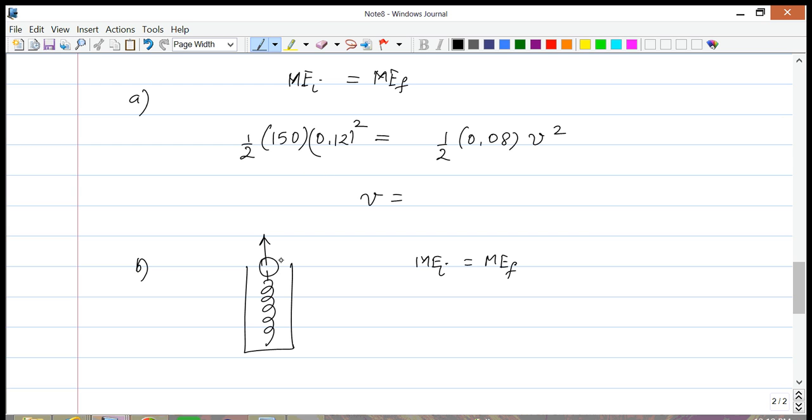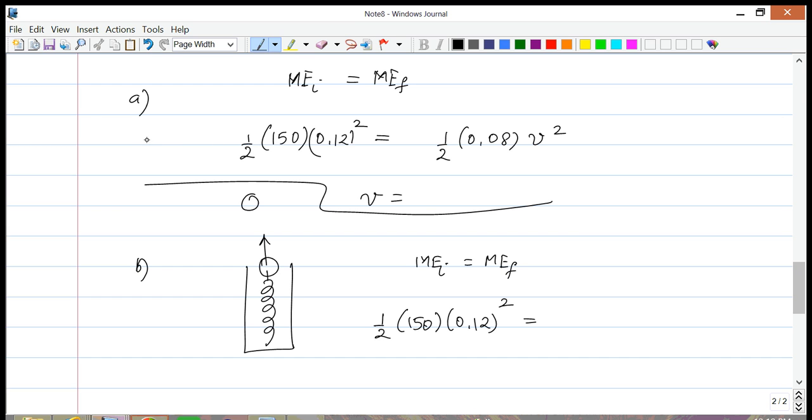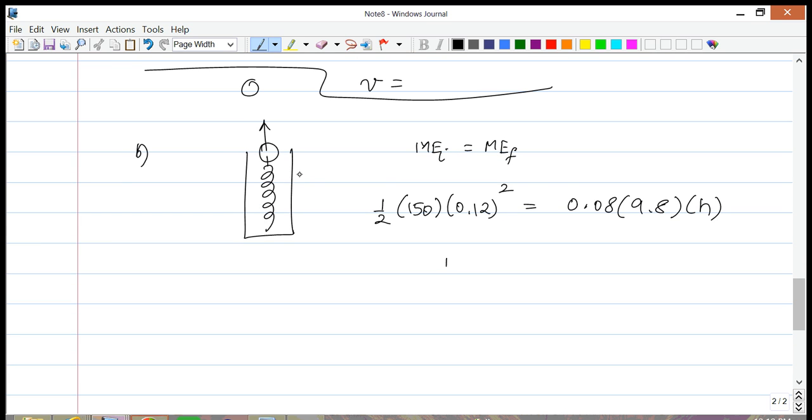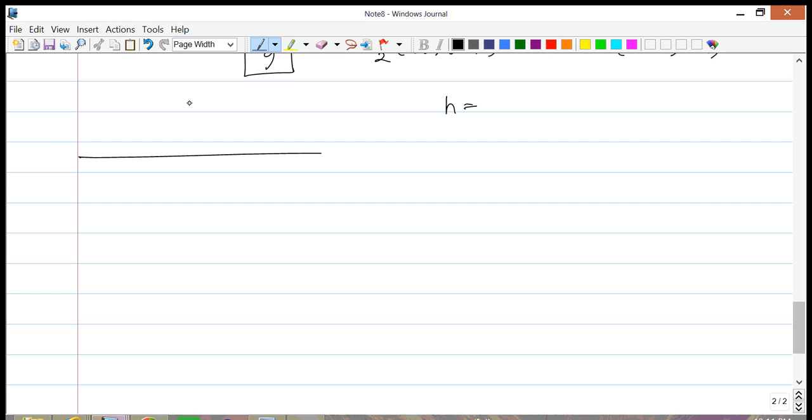The initial energy is all due to the spring, so it will be 1/2 times 150 times 0.12 squared, and in the end, once it reaches some height as it goes up, all it has is potential energy due to gravity. So that is equal to mgh. So it is 0.8 times 9.8 times h, and you can solve this equation for h and obtain the maximum height.